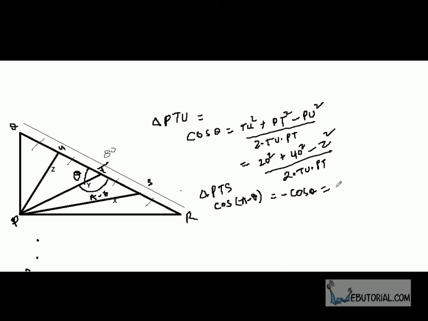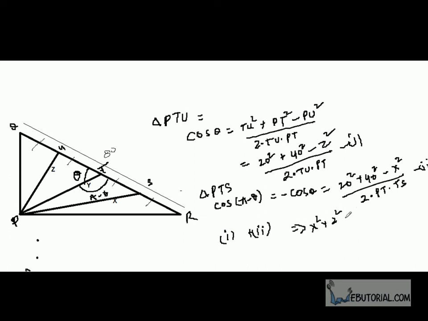We'll have 20 square plus 40 square minus x square by 2 times PT into TS. Okay, this is 1, this is 2, adding 1 and 2, you will get x square plus z square.